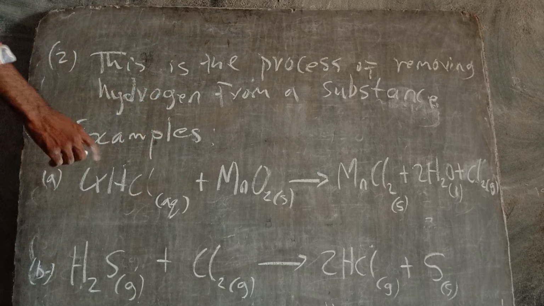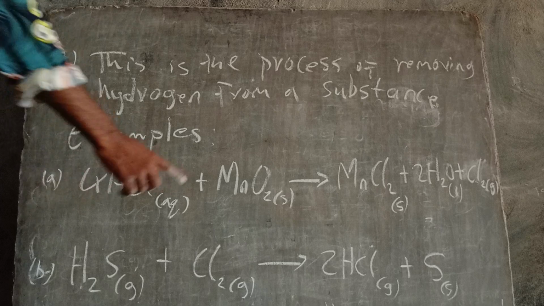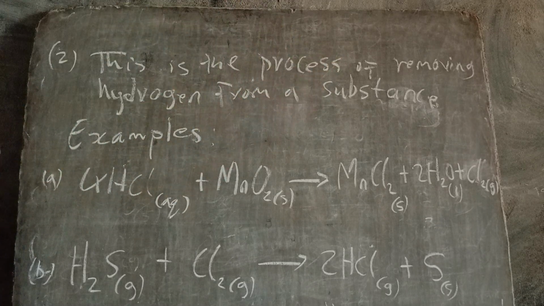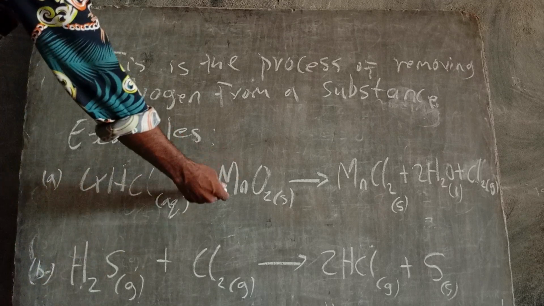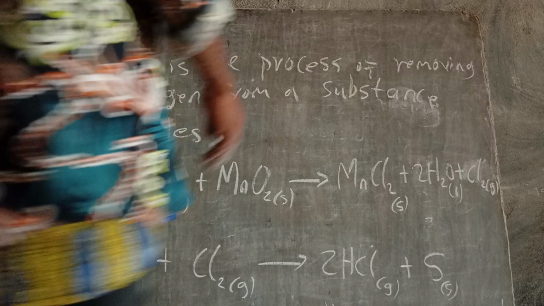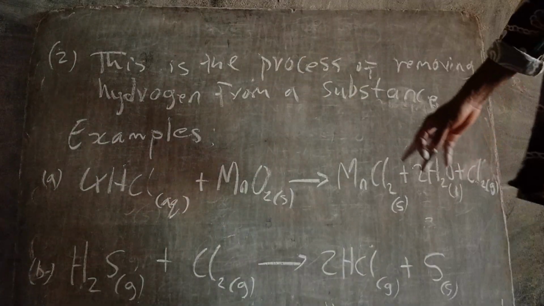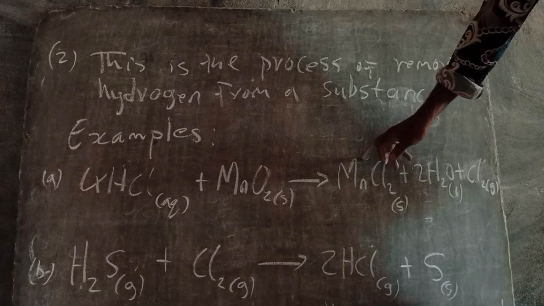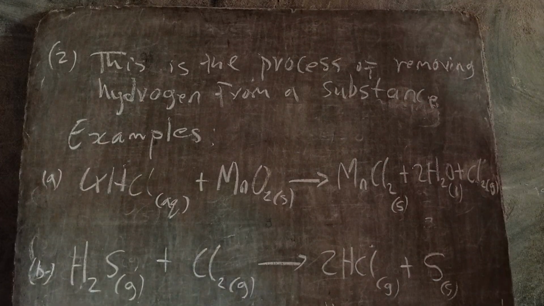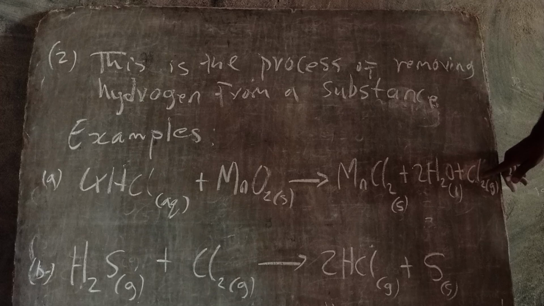Examples. We have hydrochloric acid reacting with manganese 4 oxide, MnO2. It produces manganese chloride, water, and chlorine gas.